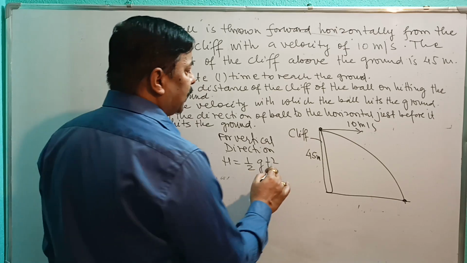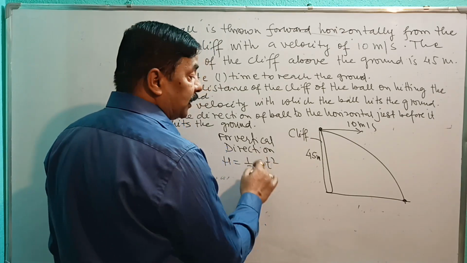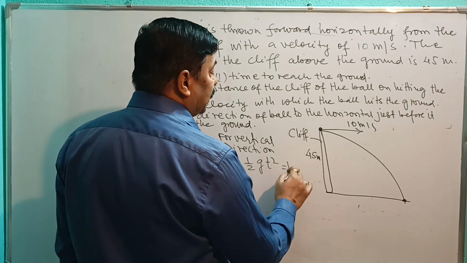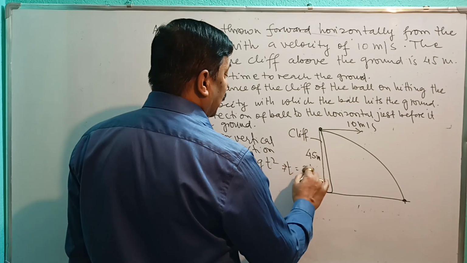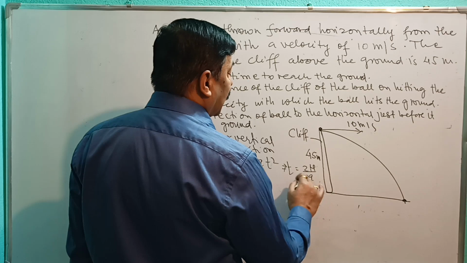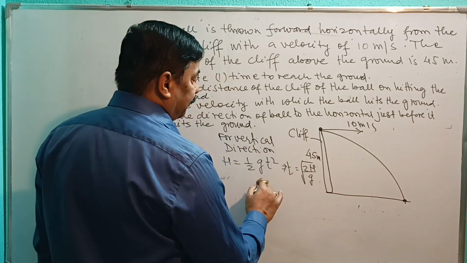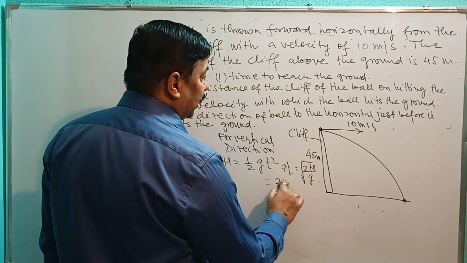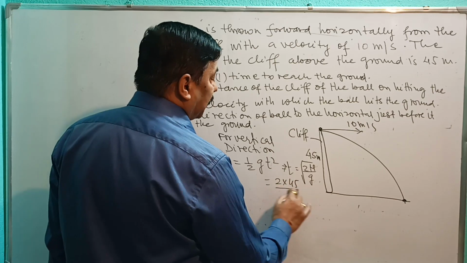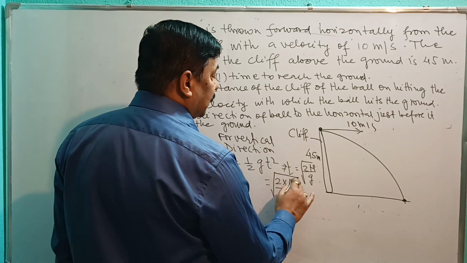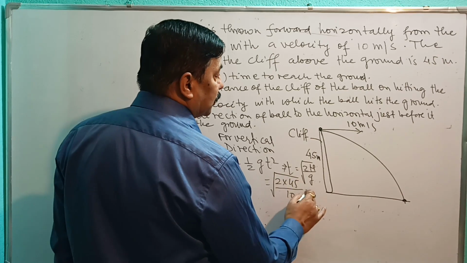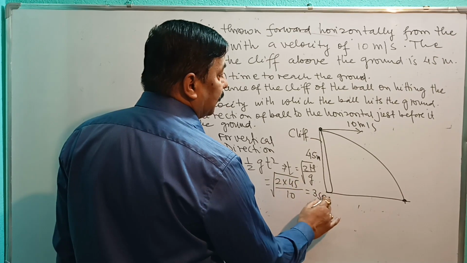So this is the vertical direction, so t is equals to 2h by g under root. And if we take 2 into 45 by 10, that is 90 by 10, 9, so it is coming 3 seconds.